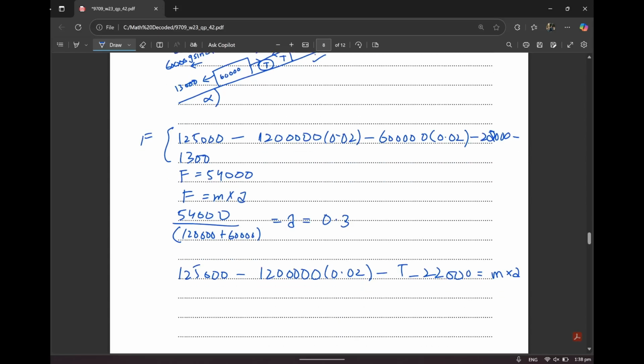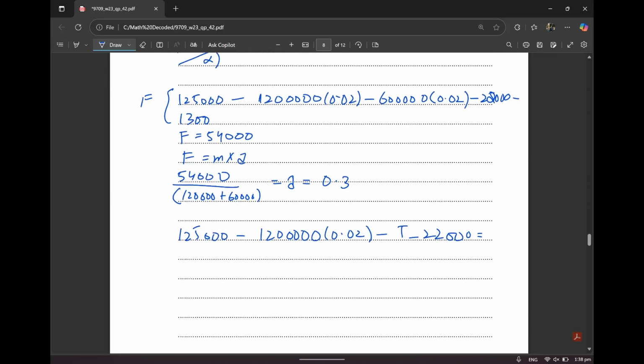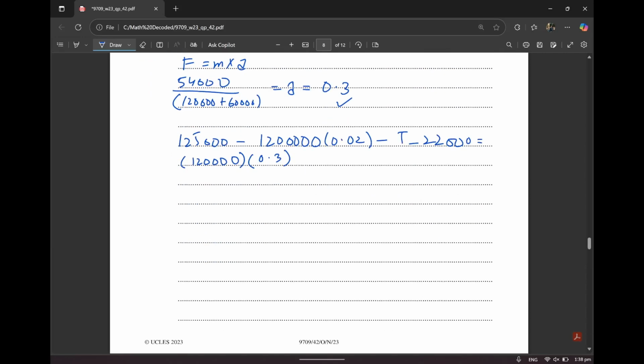The mass is, I'll just write it down over here, 120,000 into the acceleration we found in the previous part, 0.3. This is going to give me the value of T as 43,000 newtons.